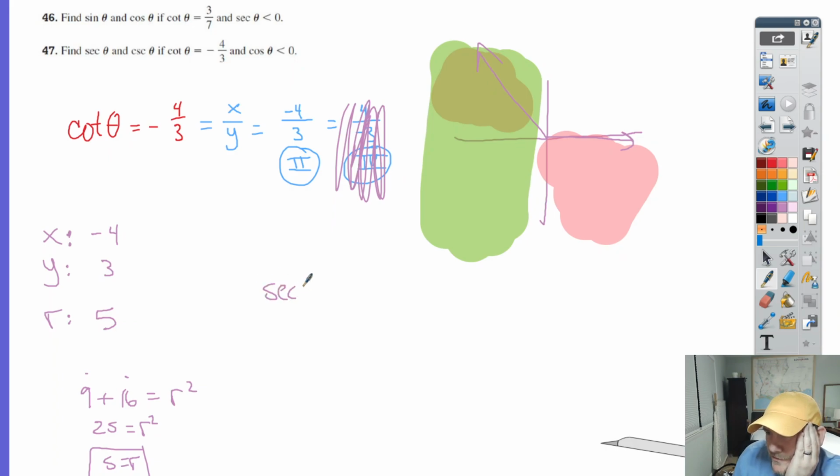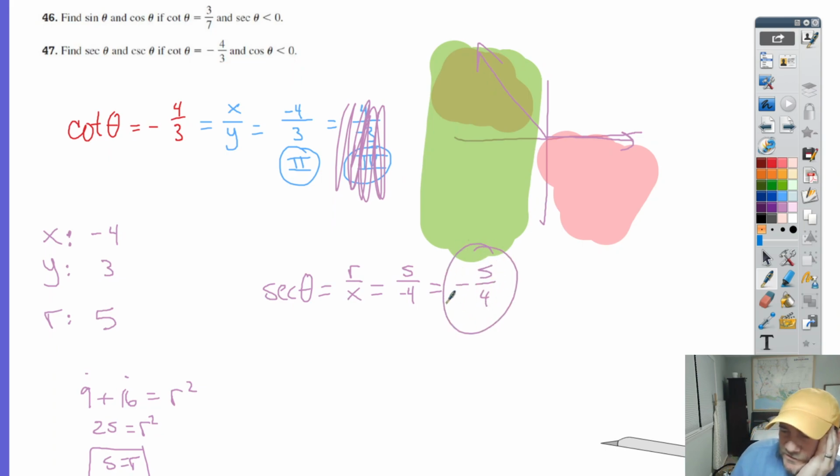All right, now they want secant. If you want secant, then you want the reciprocal of cosine, which means you want r over x, which means you want 5 over negative 4. Please don't leave your answers like this. You don't have negative denominators. What you have are fractions that are negative. Pull your negatives out in front, okay?